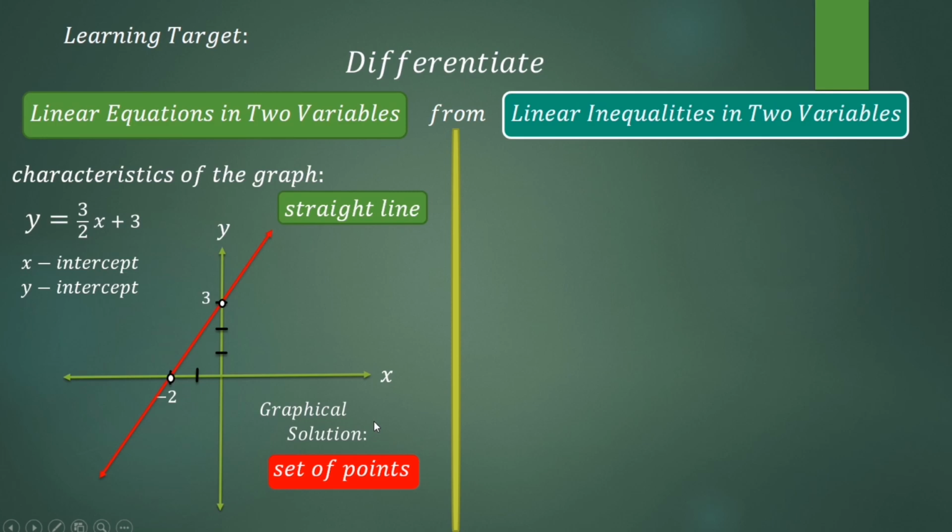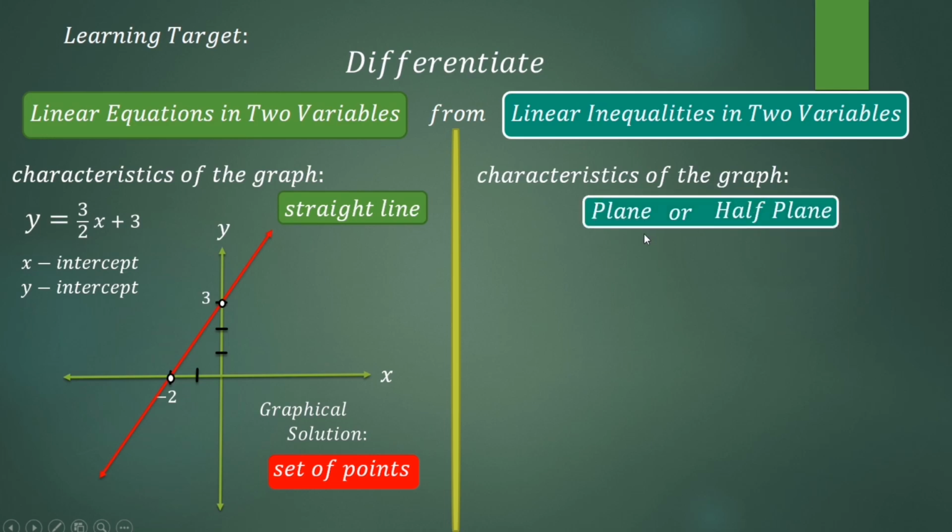At para sa linear inequalities in two variables, the graph ay tinatawag na plane or half plane. So let's consider the linear inequality y is less than or equal to 3 over 2x plus 3.